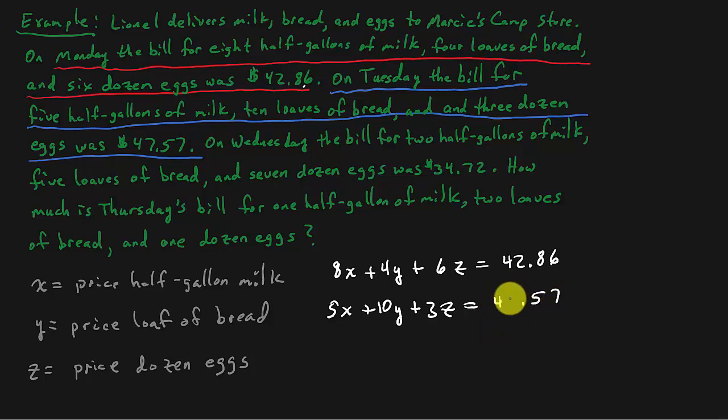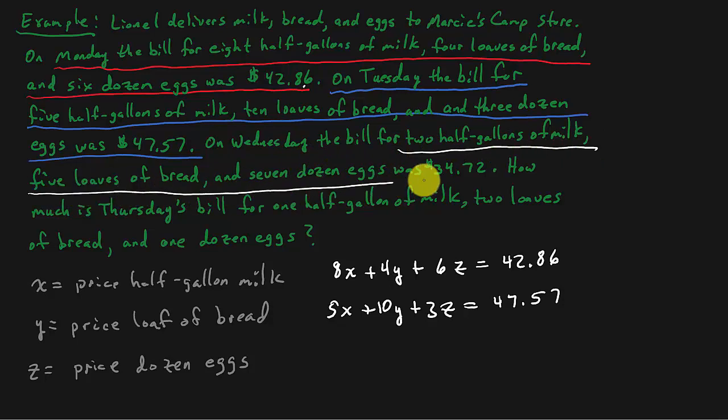Kind of looks like a 2 there. That's a 7. All right. And then for the last one, it's on Wednesday, it's this. So we've got 2 half-gallons of milk, so 2x, 5 loaves of bread, and 7 dozen eggs.